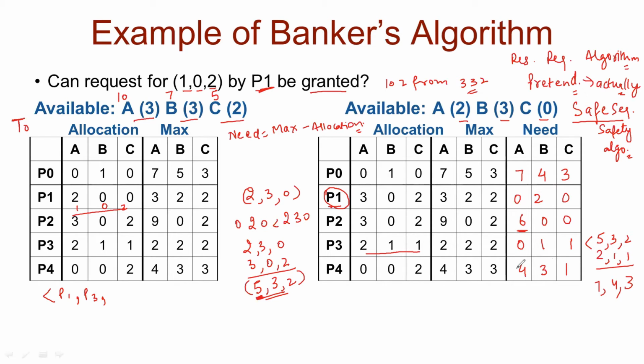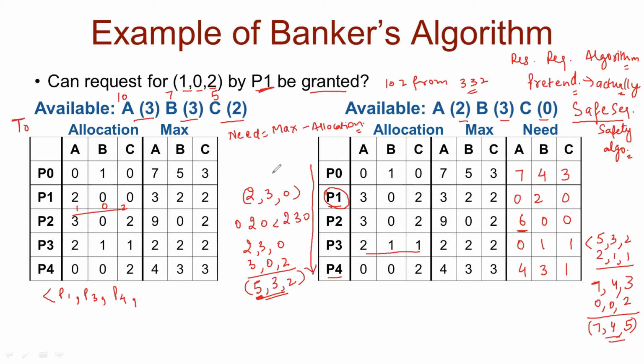Now next is P4. I'm going from top to bottom this way. P4's need is 4, 3, 1, which is clearly less than 7, 4, 3. So P4 will now execute and release all the resources currently allocated. So the available becomes 7, 4, 5.